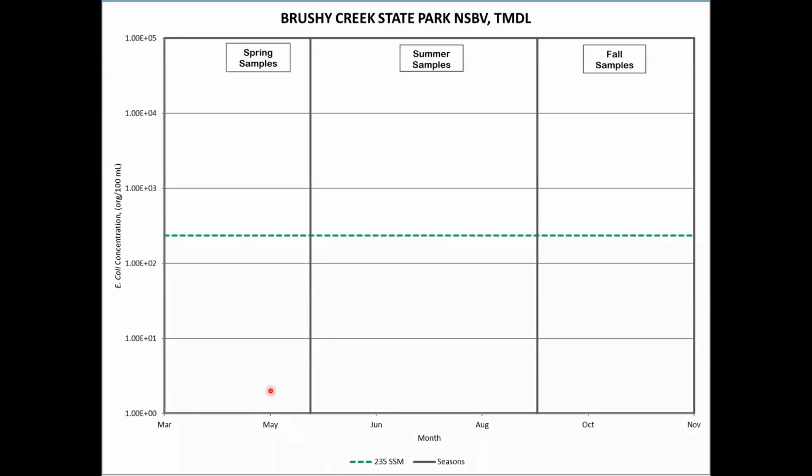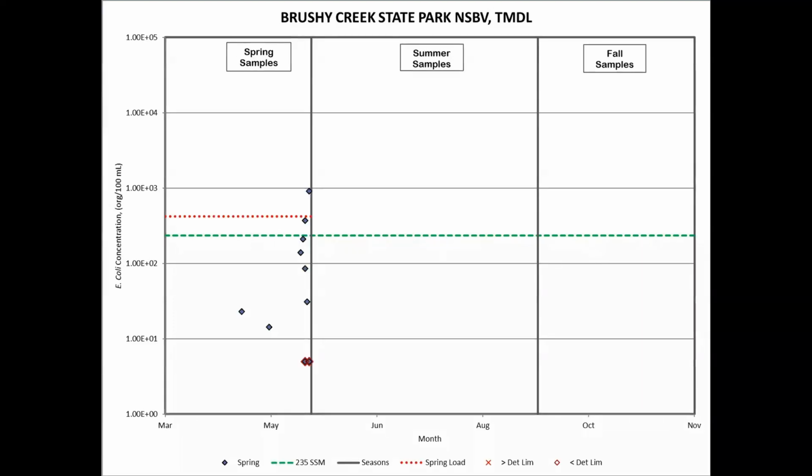The next thing we can do is plot the maximum allowable E. coli concentration of 235 organisms per 100 milliliters, which is represented by this green dashed line. From here, we plot our spring data. This shows all the individual data points collected between March 15th and May 23rd from 2008 through 2020.